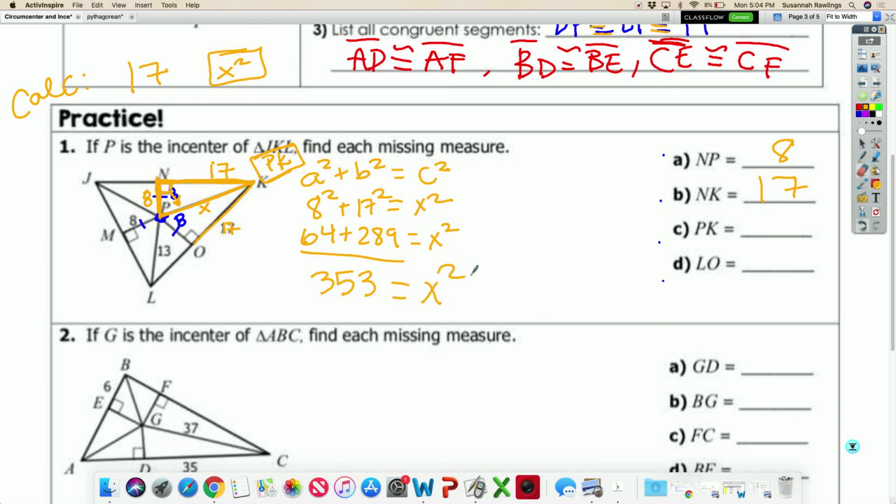And last step, to get rid of the square, I square root each side. Remember, you're hitting the button that looks like this. So 353, and then our button. And we should get x equals, let's round to the nearest tenth, 18.8. So that is our side in the middle, or our angle bisector.